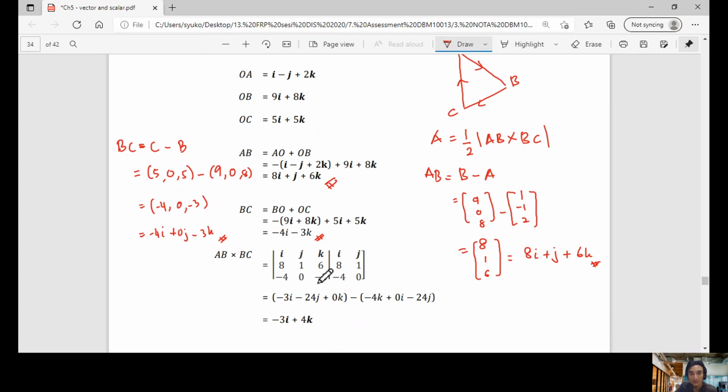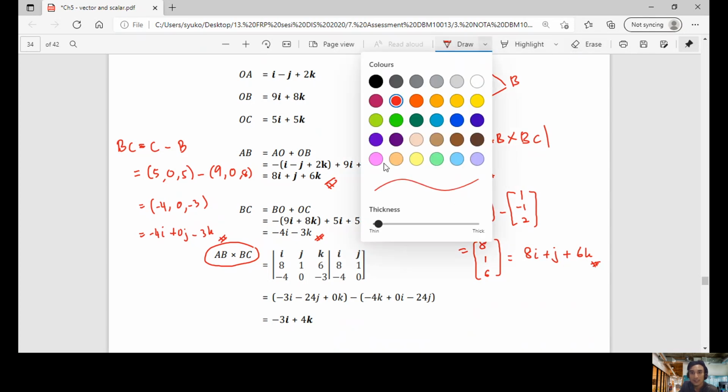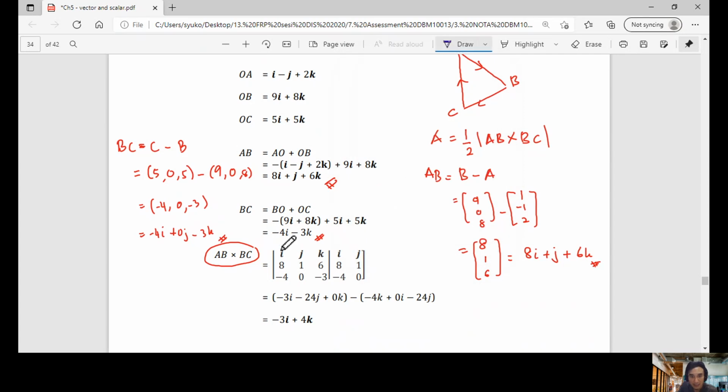Alright. So after we get the value of vector AB and BC, we apply the formula of the area of the triangle, which is the AB cross product with BC. So for AB cross product with BC here, we use the first method, which is we just add 2 columns after the matrix form, and then we calculate.